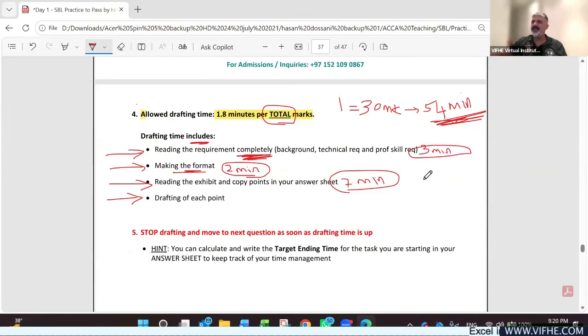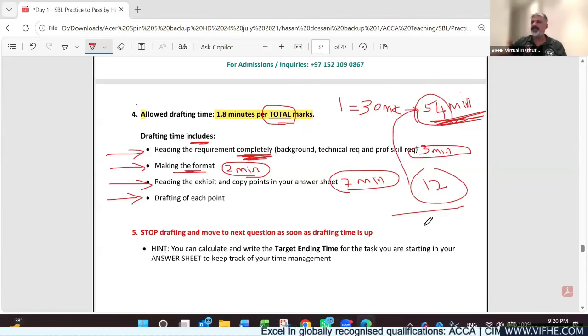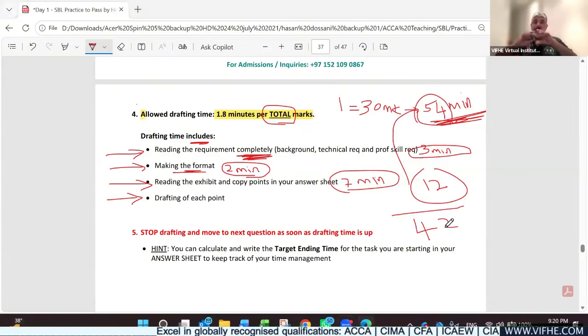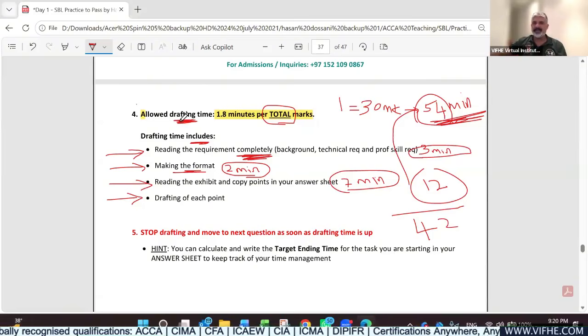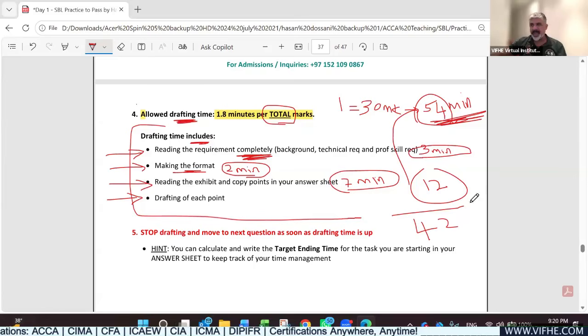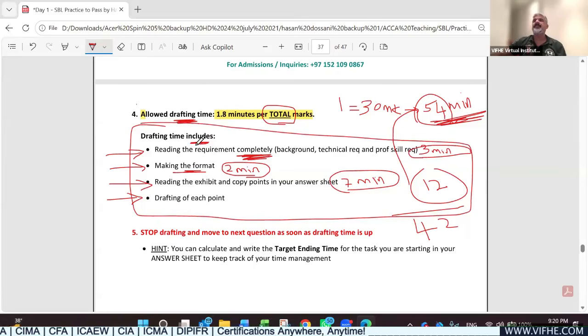So 12 minutes already gone out of 54 minutes. So how much time is left for drafting? Now you have 42 minutes to actually type your answer. Is this clear, guys? When I say drafting time, it is not only typing, it includes all these activities.